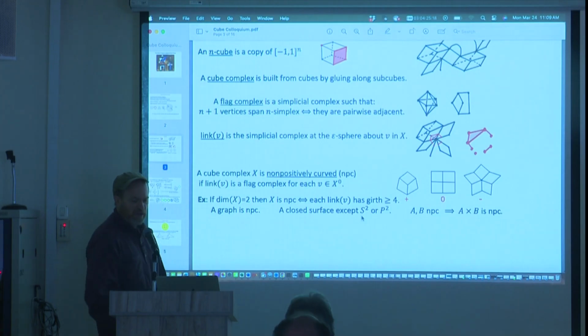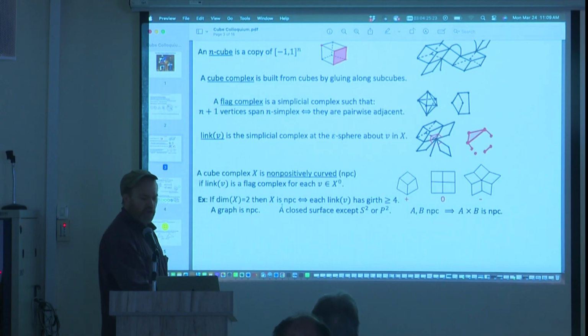All right, so I mentioned already that in dimension 2, your cube complex, we might call it a square complex, is built from squares, and it's non-positively curved if all of its links are graphs with girth at least 4. The girth is the smallest cycle that you have in your graph. And for some quick examples, any graph is non-positively curved. Think about what the links are. They're not very interesting. There aren't any edges; the links are just sets of vertices.